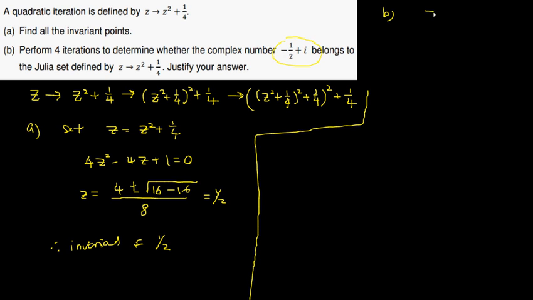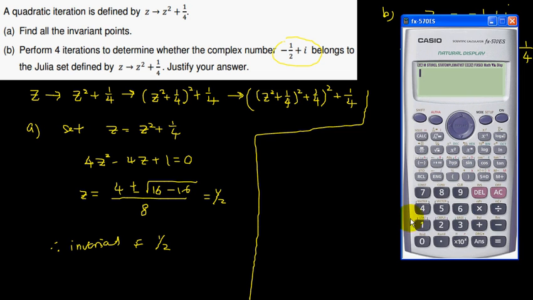So here what we do is we let Z naught be negative half plus i, and our aim is to find out what is Z1. And actually it's pretty straightforward, because we'll be doing this one squared and then plus 1 over 4, you see. And here we might use the calculator to help us a bit.